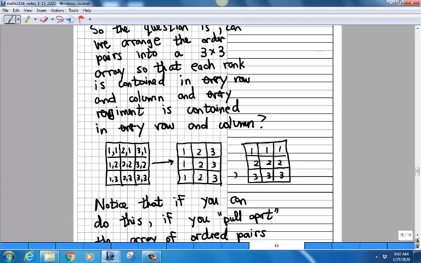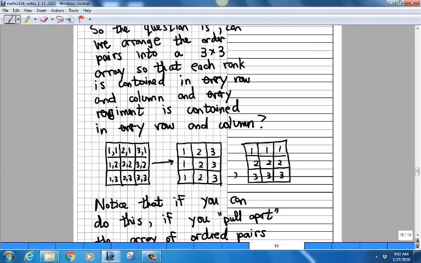Obviously, does that meet the conditions I was looking for? Well, to check this, we can simply pull apart this array of ordered pairs. I'm going to first pull off the ranks into a 3x3 array, and then pull out the regiments into a 3x3 array.